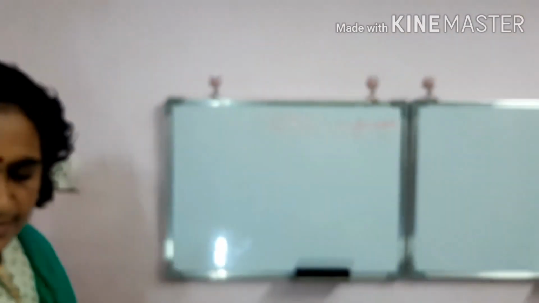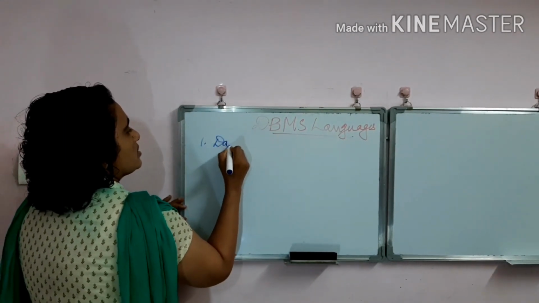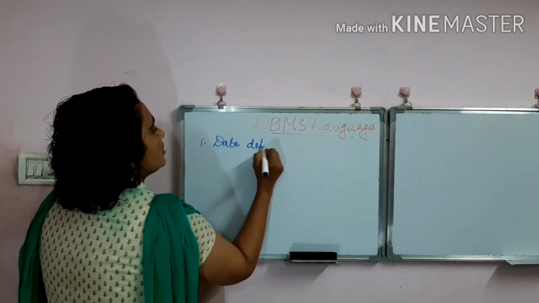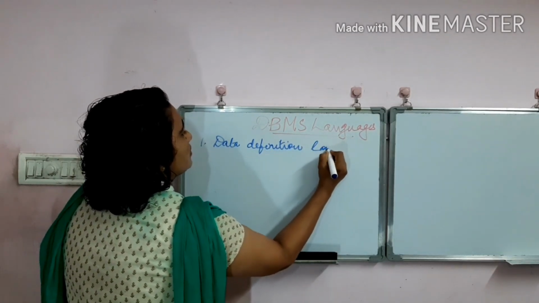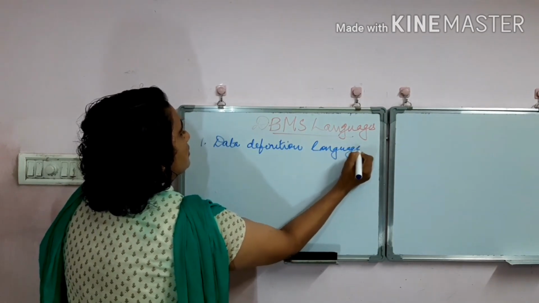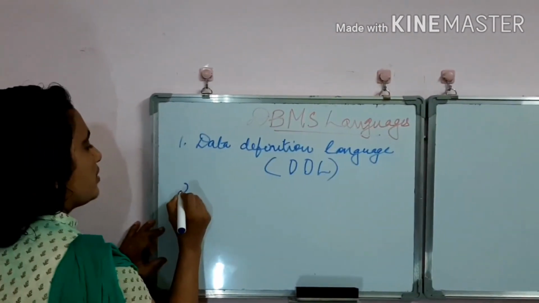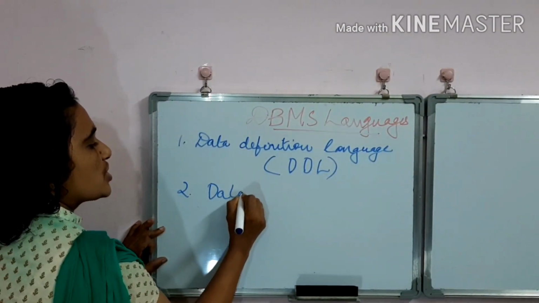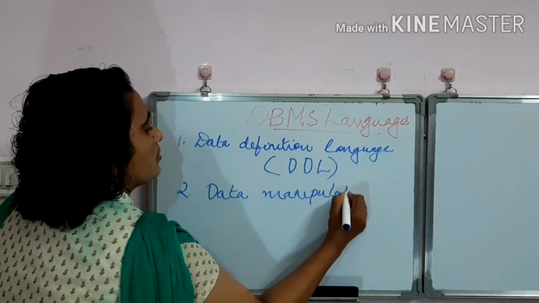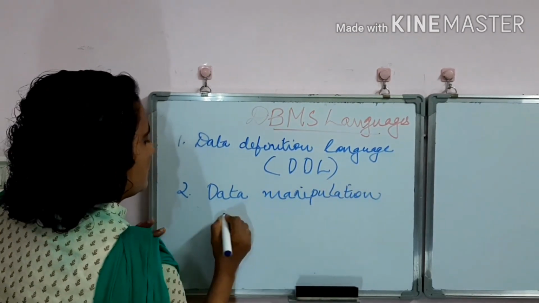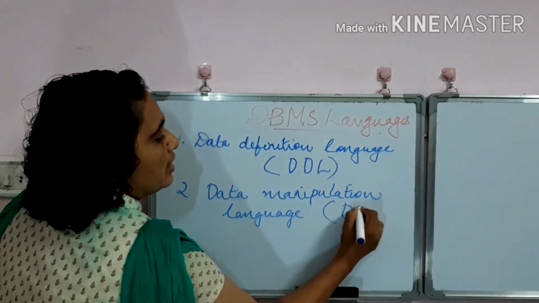DBMS languages. First one, data definition language. It can be called DDL. Second one, data manipulation language, DML.